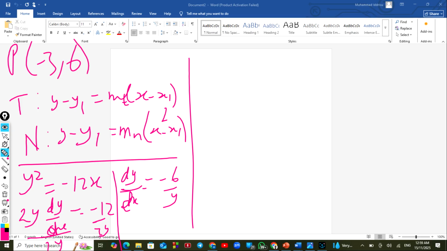So for mt, that is the gradient for the tangent, we have negative 6 over y. The gradient of the parabola is the same as the gradient of the tangent to the parabola.